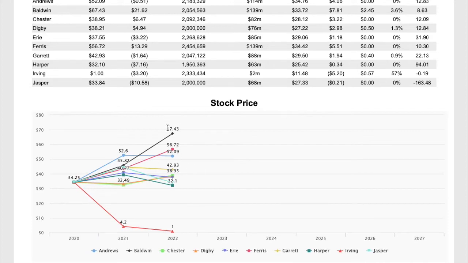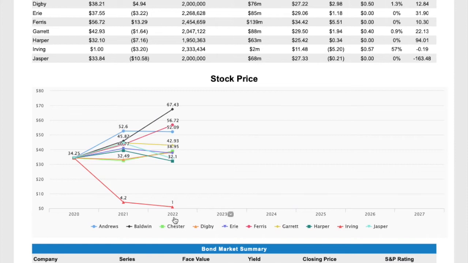Team Baldwin has the highest price here and is in pretty good shape. However, I want to point out Team Irvin again, that your company really needs to focus on profitability, so that your stockholders will start investing in your company.